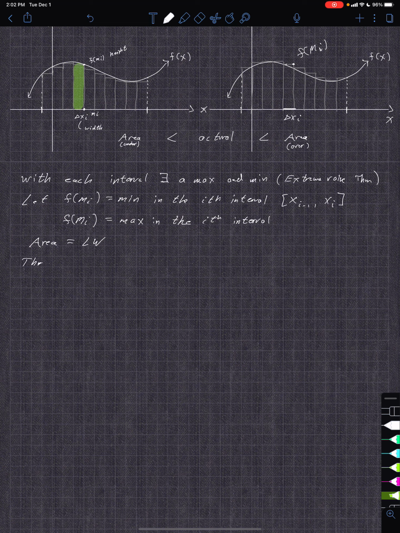I'm not going to write all these details for the theorem, but basically, if we take a limit as n approaches infinity, the upper sum and lower sum are equal.